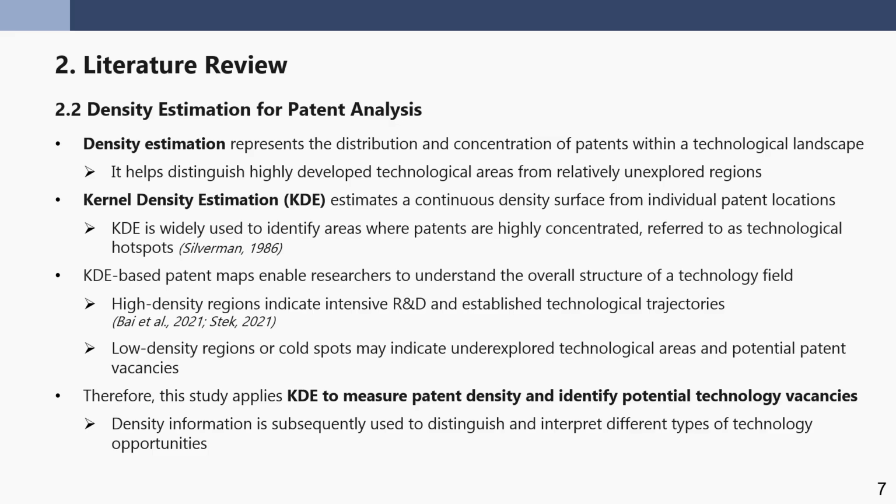KDE-based patent maps also distinguish high-density regions with intensive R&D activity from low-density regions that may represent underexplored technological areas. Based on this idea, the study uses KDE to measure patent density and identify potential patent vacancies. The density information is then used to interpret different types of technology opportunities.